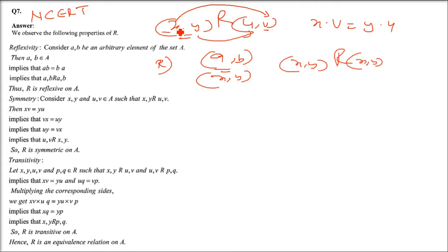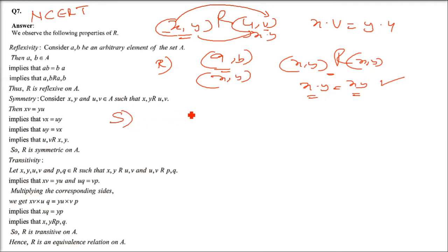So I replace (u, v) here with (x, y), because in a reflexive relation, a is related to a itself. So how will this hold? The extreme multiplication, x into y, and the internal one, y into x. But xy is equal to xy. This is true, so you get reflexive.